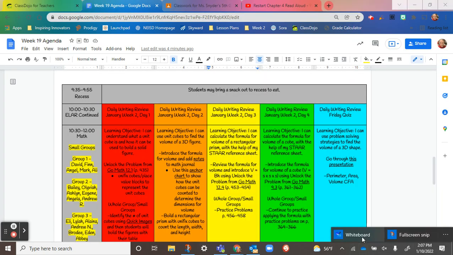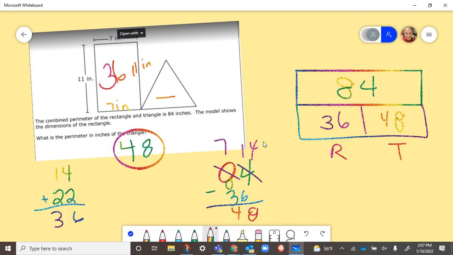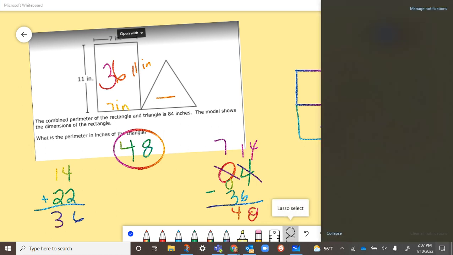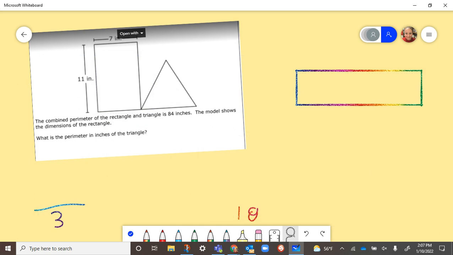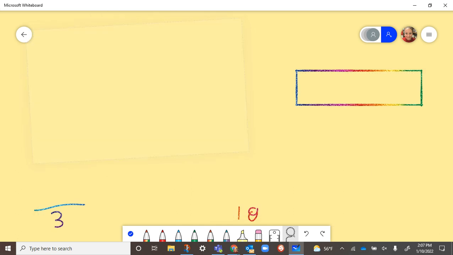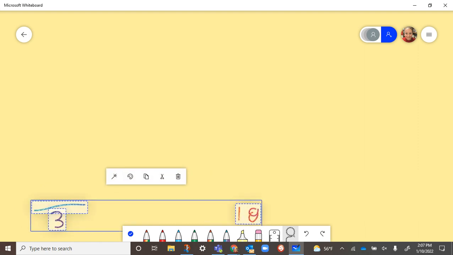And so if I have, I want to come down here. If I have just one unit cube, let me get rid of this real quick. All right, so if I just have one of the unit cubes, each side, so it looks, let me go back.